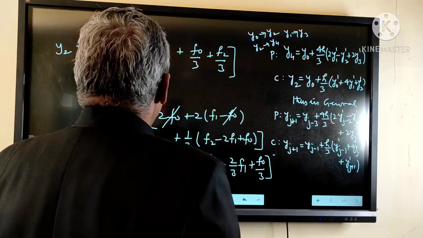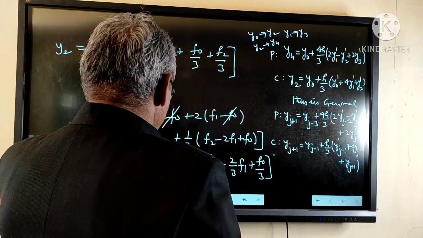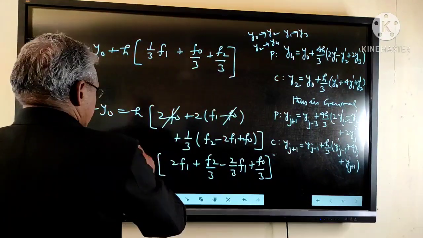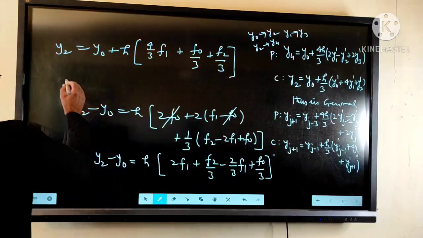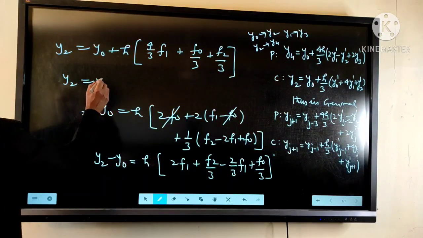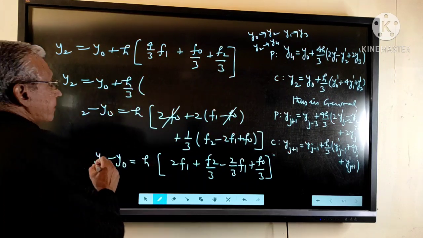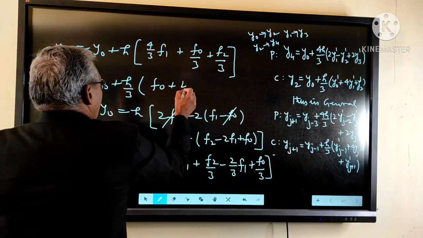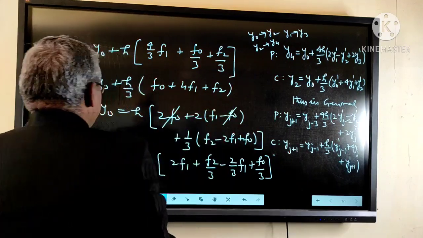This is 2f1 minus, this is 6, it is 4 by 3. So therefore we can write y2 equals y0 plus h by 3 times f of 0 plus 4 of f1 plus f2.